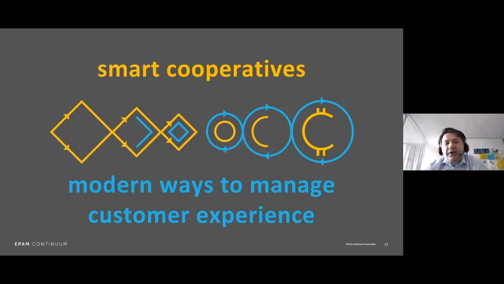So think of that construct right now as a kind of smart cooperative in order to modernize the way companies would manage customer experience, as one execution form of the approach or framework I have presented today.